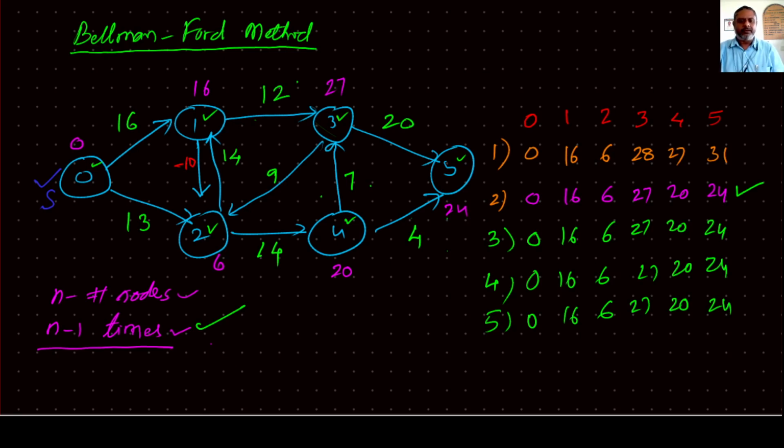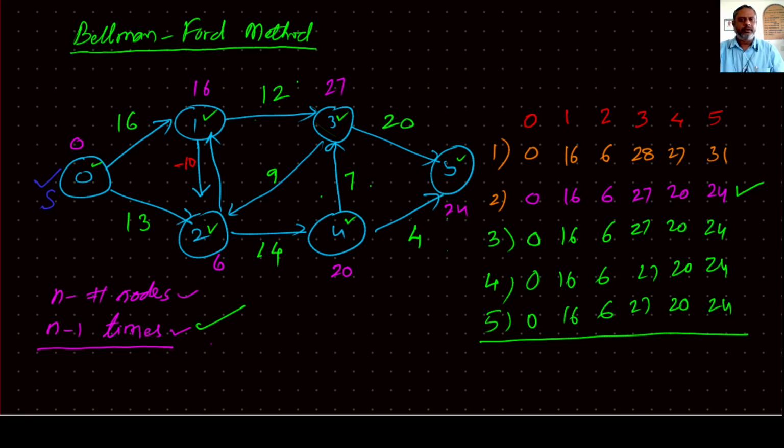Worst case, it can go up to n minus 1 iterations, or it can break in between if it reaches the steady state. So that's how we get a correct solution using the Bellman-Ford method. Yeah, we can't say that that's the best possible.